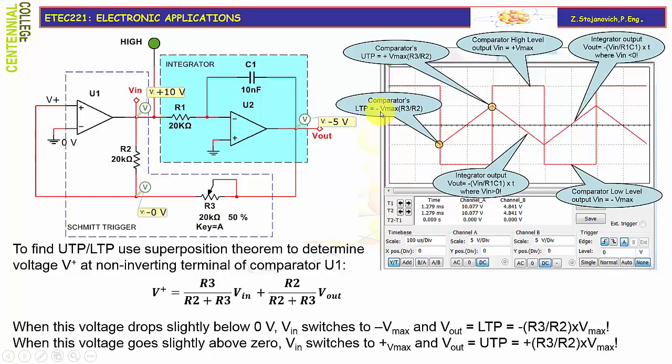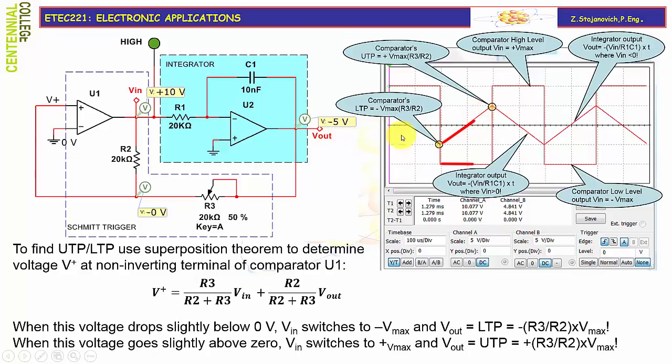As you can see, it's given as negative Vmax R3 over R2. Vmax designates the lowest possible voltage at the output, which corresponds to a negative power supply voltage, or close to that value. As we said, having a negative voltage at the input of the integrator, it starts ramping up now.